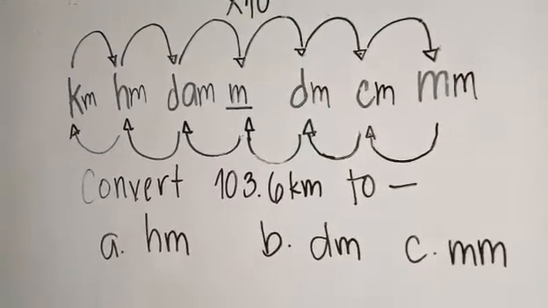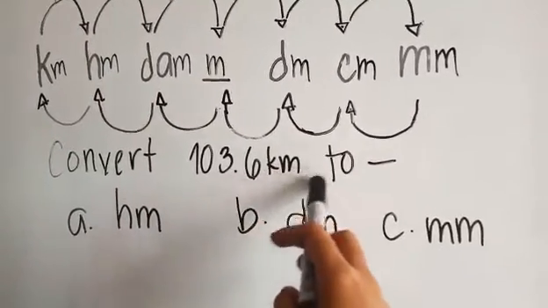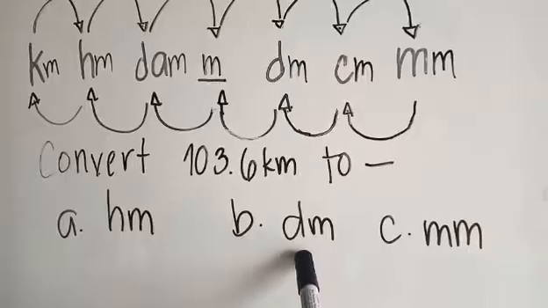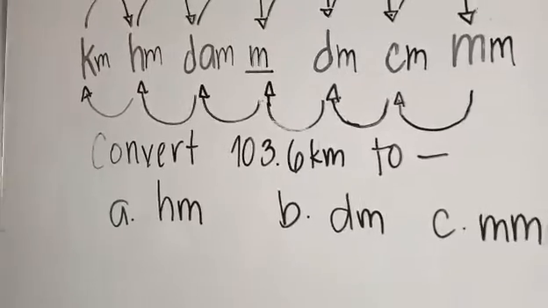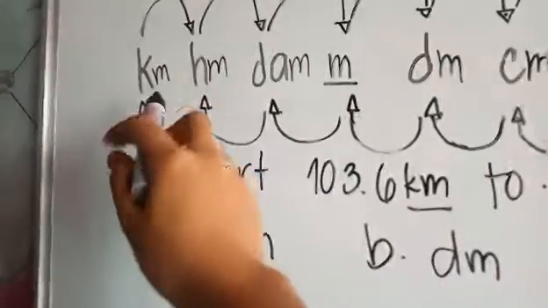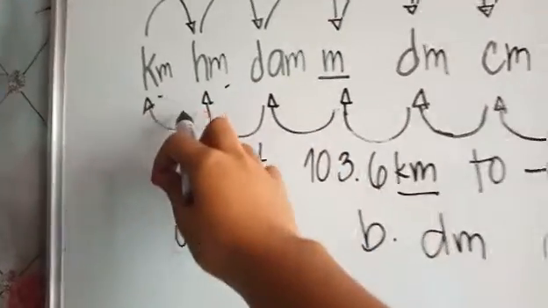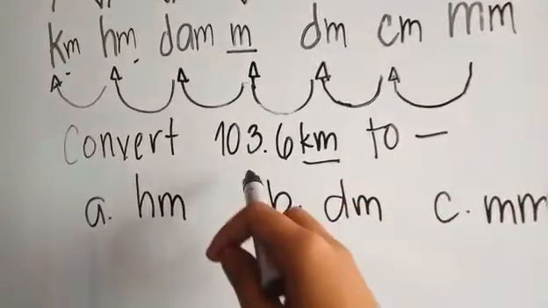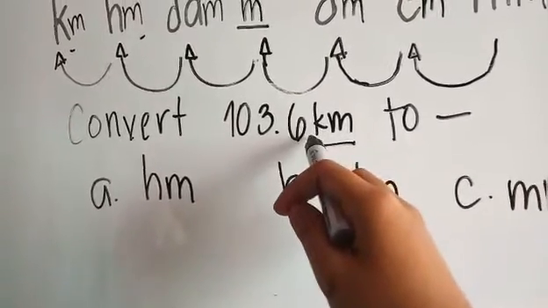For mastery, let's have another example. It says here, convert 103.6 kilometer to, first, hectometer, the second one is decimeter, and the last one is millimeter. Okay, so let's first convert it into hectometer. Since it is in kilometer, it is here, and we will convert it into hectometer. So, we move right once. This means we also move our decimal point to the right once. When we move it, the point will be here.